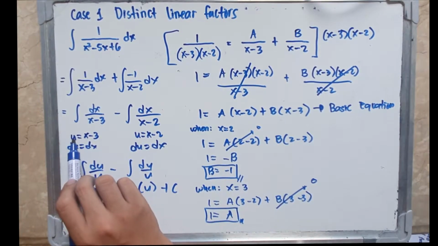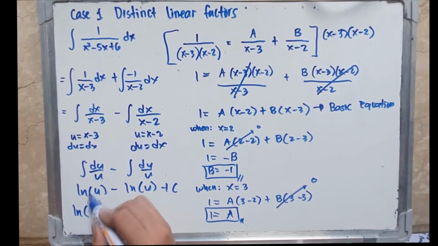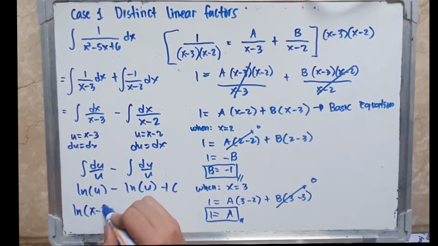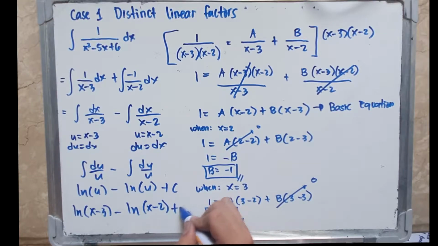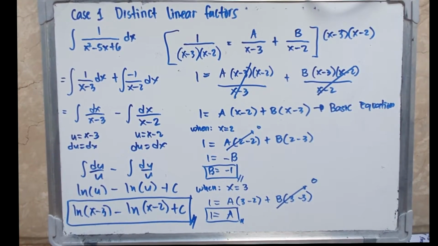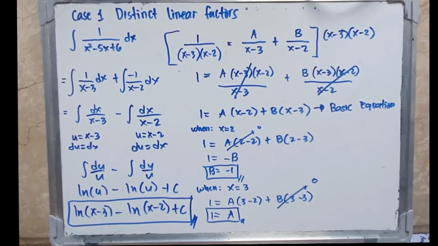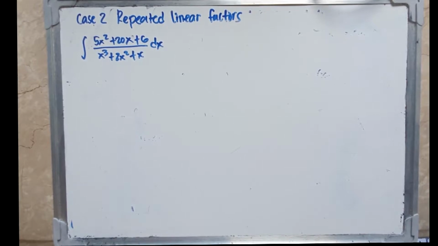We have different u's here, so let's substitute. The u here is x minus 3, ln, and the u here is x minus 2, plus c. We have solved case number 1.